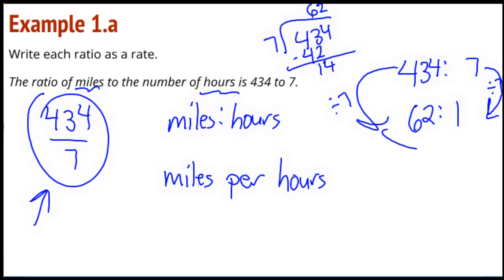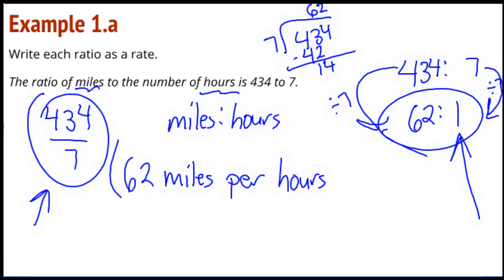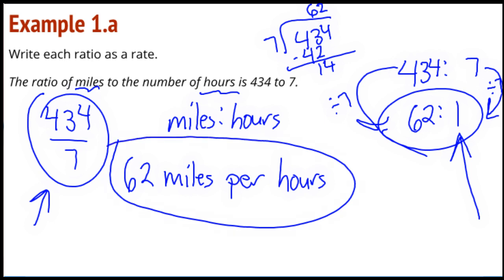Now right here, my brain should be screaming at me. I have a ratio where the value of b is 1. That could be a connection to our learning targets. And so when I write this, I can write my rate here as 62 miles per, not hours, per hour, because it's 1 hour.